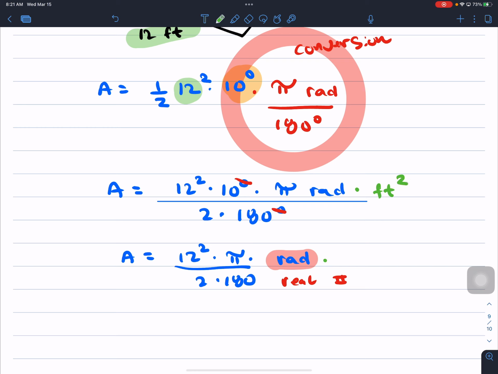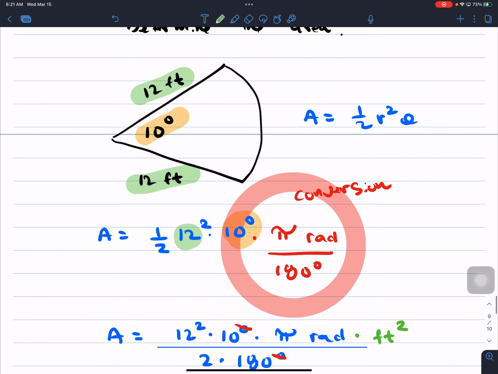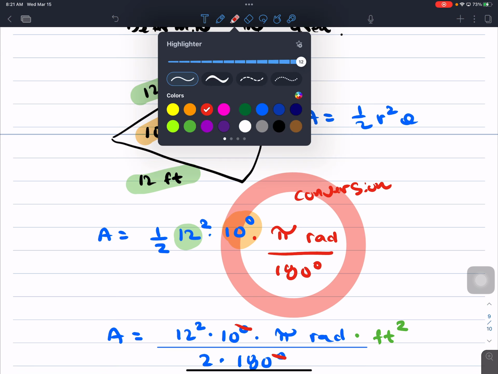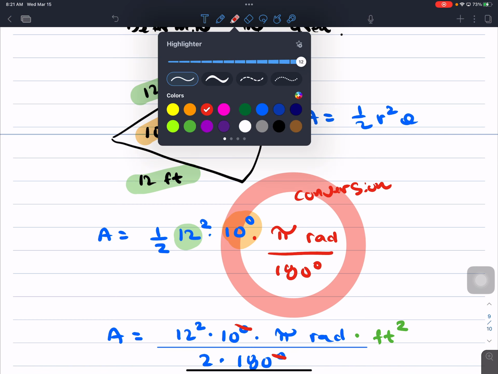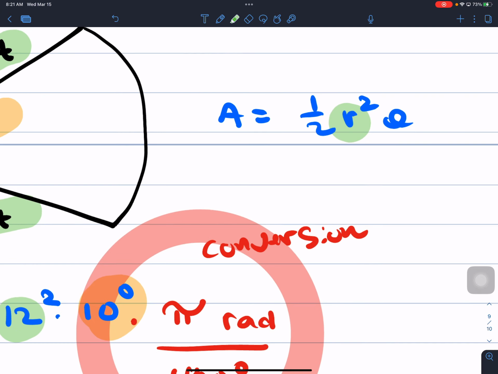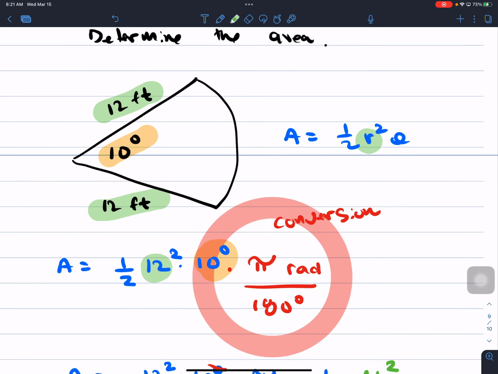Is that true? Why do I say that should be here? Feet squared. Because if you take a radius of 12 feet and you square it, right? Here's the radius formula here. Oops. Wanted to use green. You square that. So 12 feet squared.